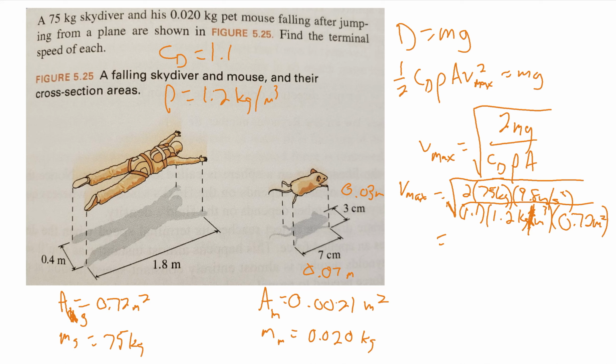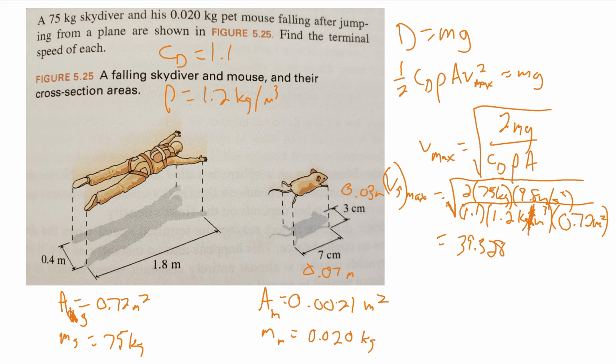Can we do V sub max sub S to show that? Oh, sure, yeah. Skydiver. Good idea. Let me erase this. I would probably write V sub skydiver max. Okay. Are you ready for the answer? What do you got? 39.328.